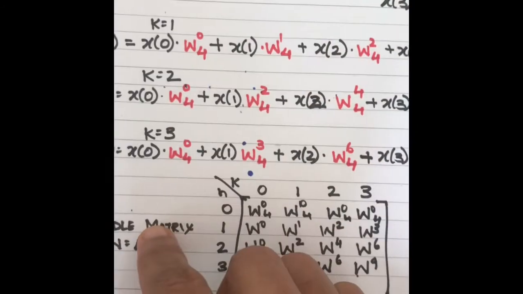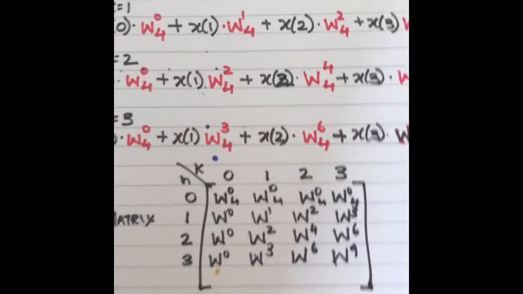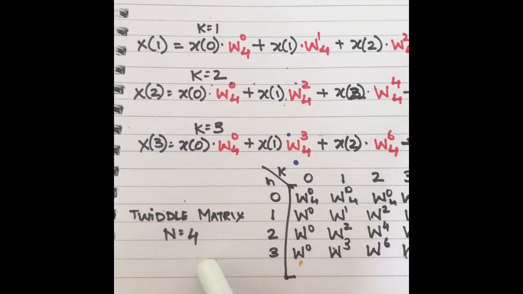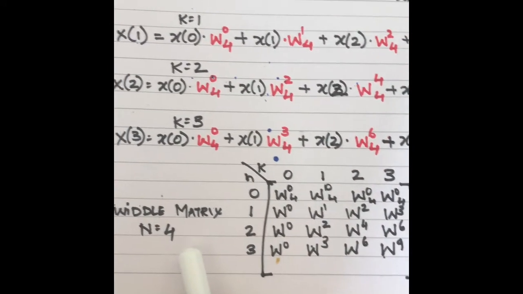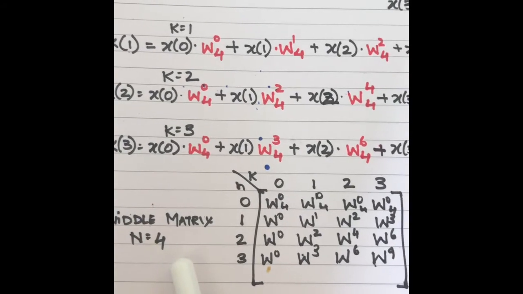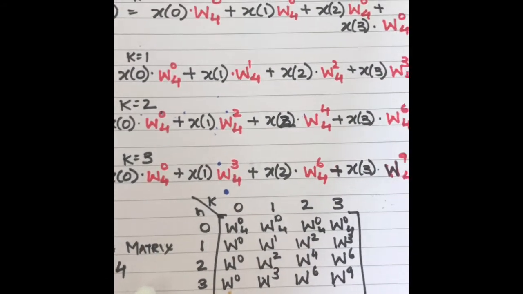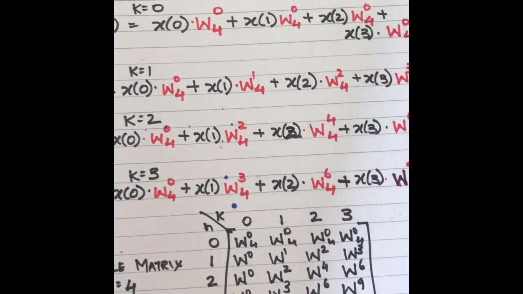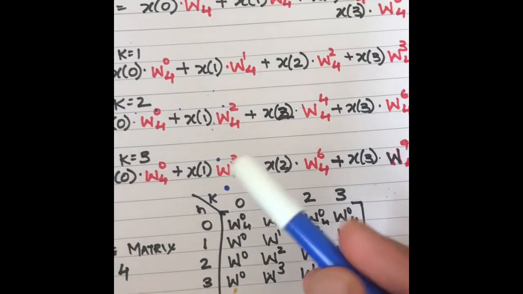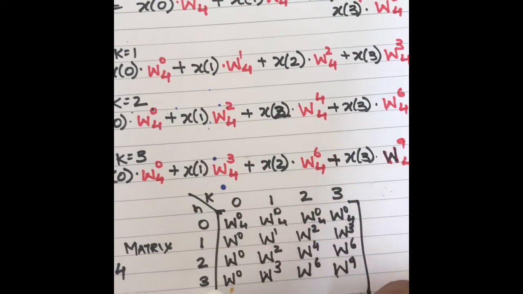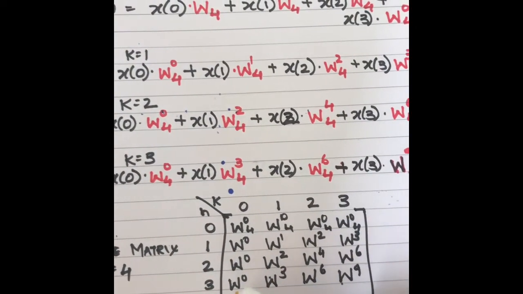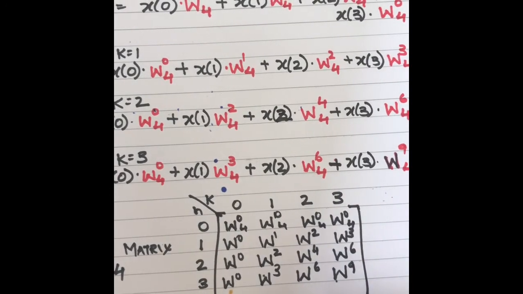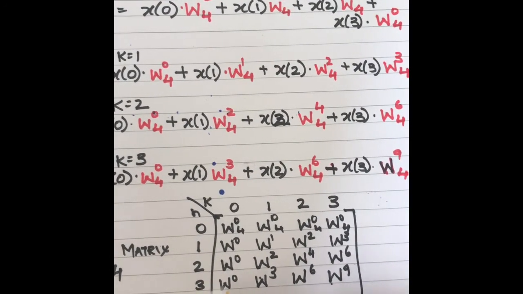There is one more method of evaluating the DFT, that is by deriving a twiddle matrix of dimensions 4 cross 4. Now what is a twiddle matrix? We have to just pick up the twiddle factors from this expression for different values of n and k. This is the twiddle matrix generated.